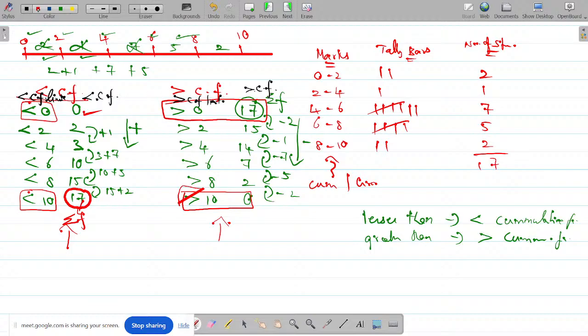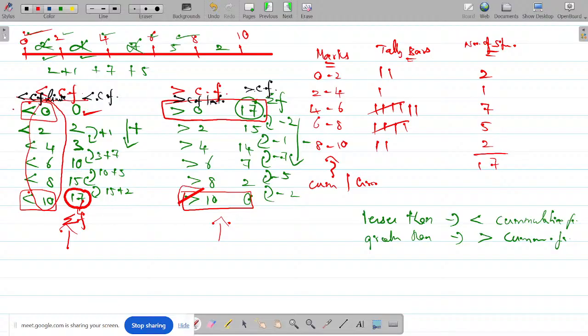If you refer to these values, what I'm encircling here, what is this value? 0, 2, 4, 6 and all. Class boundaries. Class boundary for which one? 0 to 2, it starts with 0. So class boundary for 0. What class boundary is this one? Upper class boundary or lower class boundary?